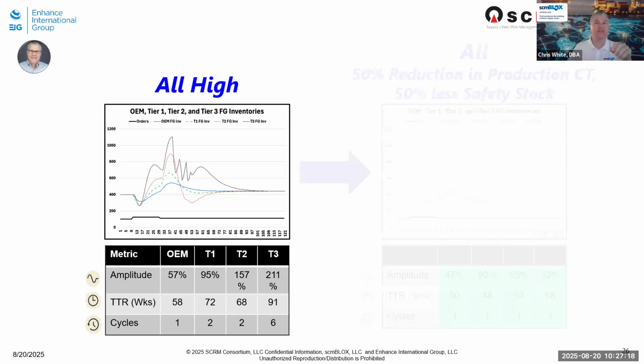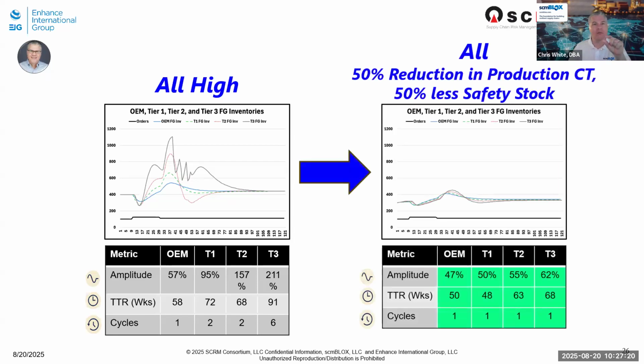But if all the companies reduce their cycle times for production and reduce their safety stock, they almost completely eliminate that bullwhip effect when they're all working together. When I move left, everyone's moving left. When I move right, everyone's moving right. And everyone benefited in this scenario.